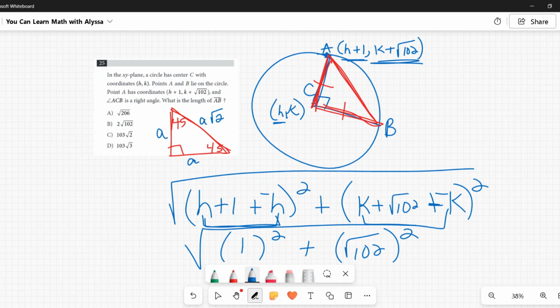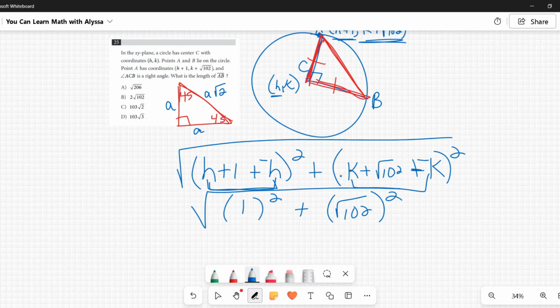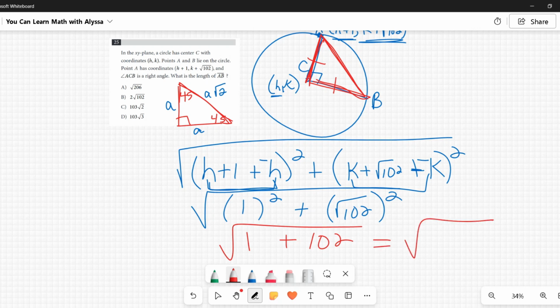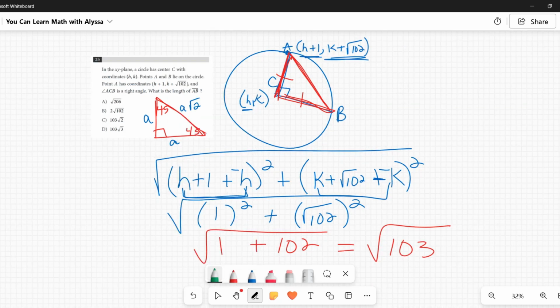So I have the square root of 1 squared plus square root of 102 squared. First, 1 squared is just 1. The square root of 102 squared is 102. So that is the square root of 1 plus 102, or 103. So now I know my radius is the square root of 103.